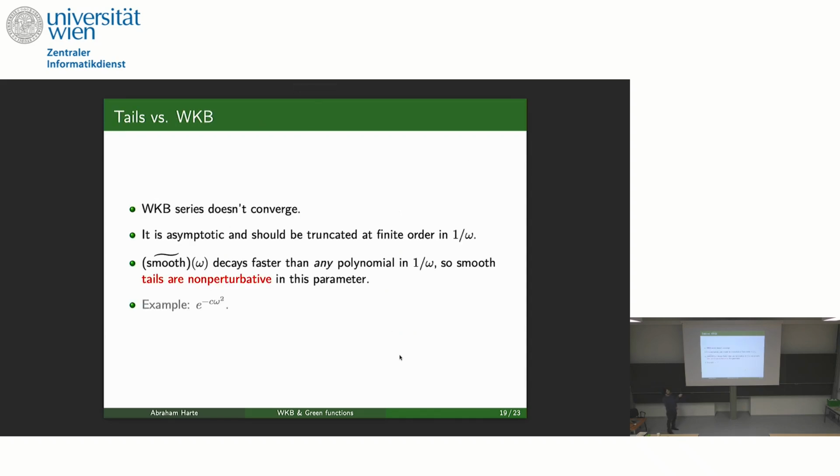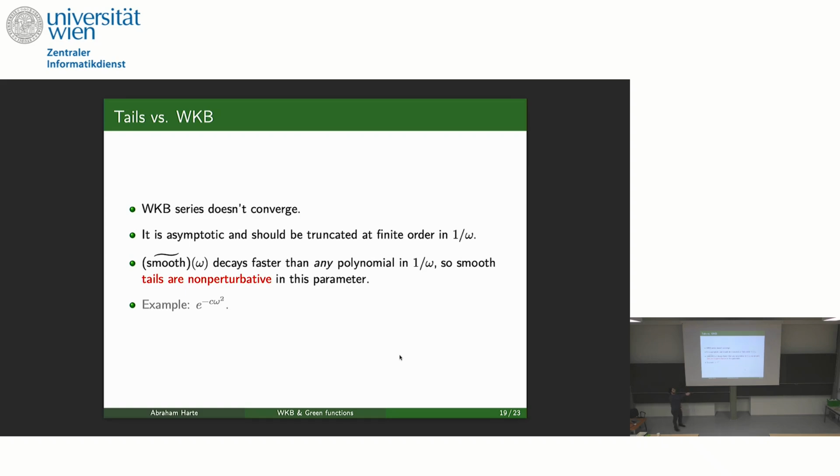And the answer is, well, your WKB series doesn't converge, basically. So really, it's an asymptotic series. I mean, most things in physics that we deal with are asymptotic series. That's fine. So it should be truncated at some finite order in 1 over frequency. And if you look at these things that are moving in time-like directions, well, these things are smooth, at least in most cases. And if you look at the Fourier transform of something smooth, this thing is decaying faster than any polynomial in 1 over frequency.